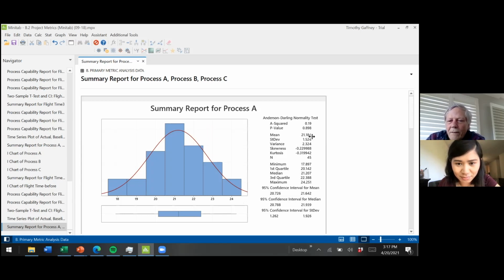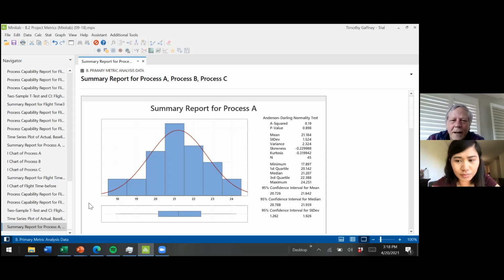Now, what's its mean? 21.18. And there's its standard deviation, 1.24. You can see all the other basic statistics about it, its skewness, its kurtosis, and so on. It's even got a little box chart of the distribution down below.